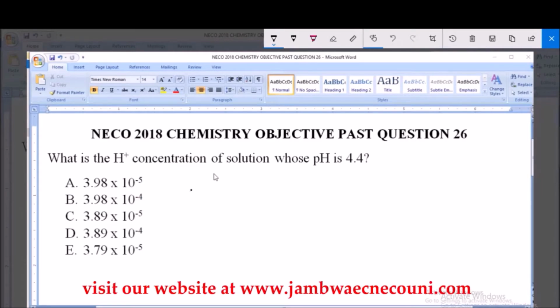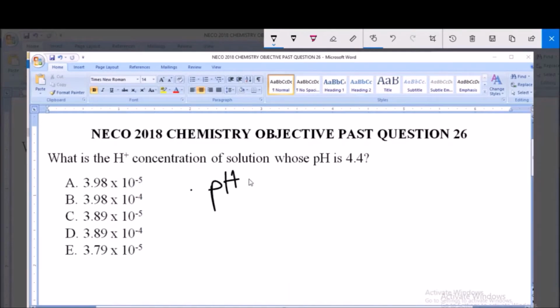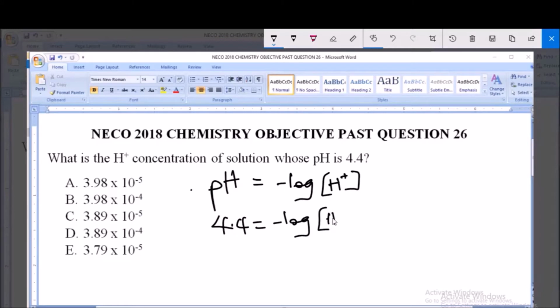Now, the formula connecting the hydrogen ion concentration and pH is given as pH is equal to minus log hydrogen ion concentration. We're given that the pH is 4.4, so 4.4 is equal to minus log hydrogen ion concentration. From this, log hydrogen ion concentration is equal to minus 4.4.